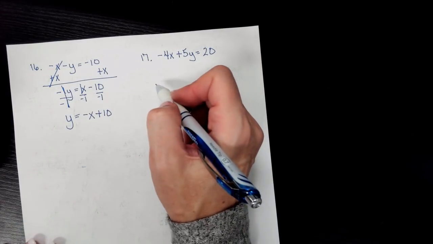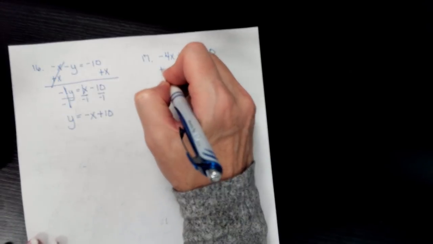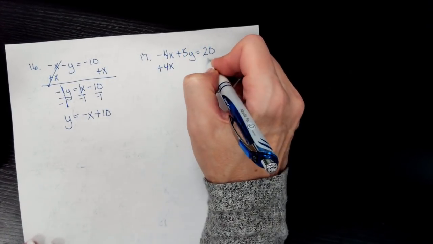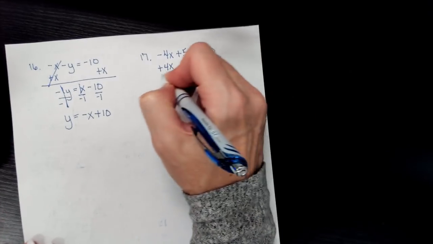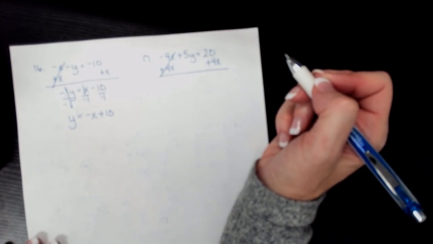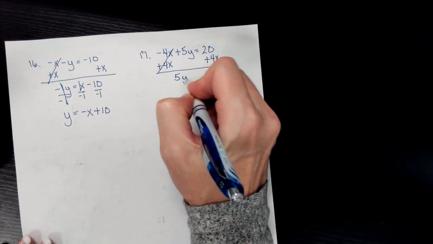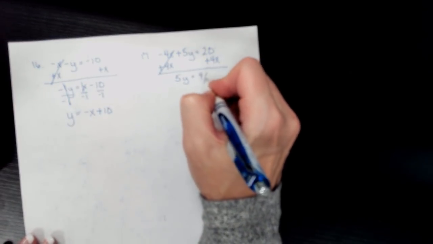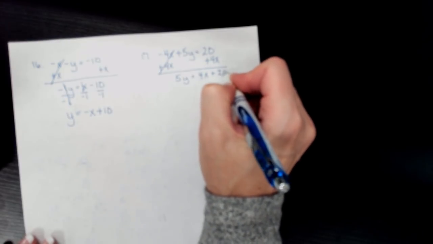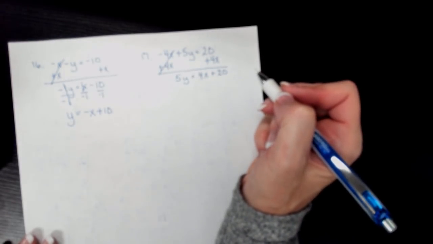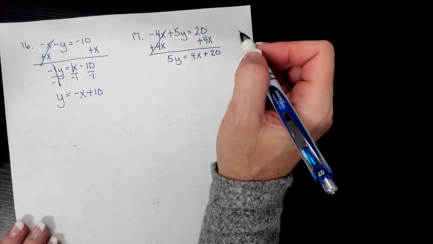All right, so we're taking care of this negative 4x, so we're going to add 4x. So those are gone. So now I've got 5y equals 4x plus 20. Still got to get y by itself.